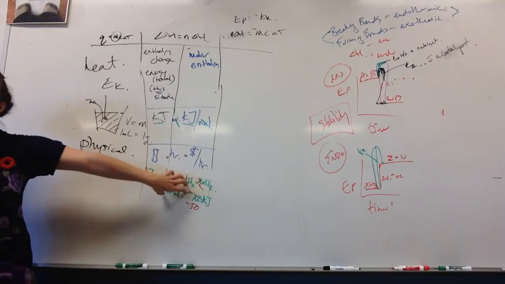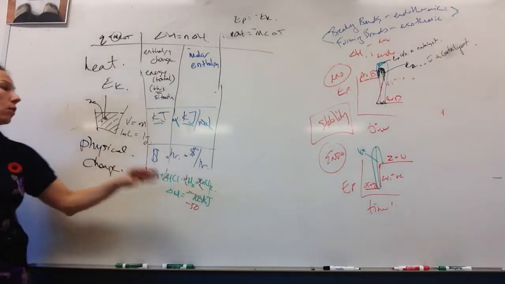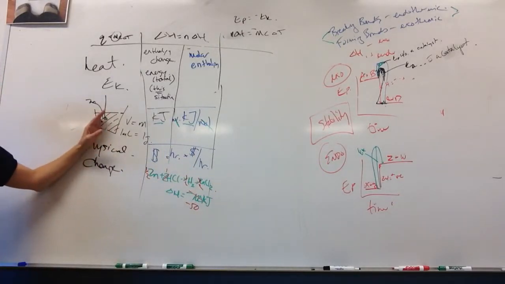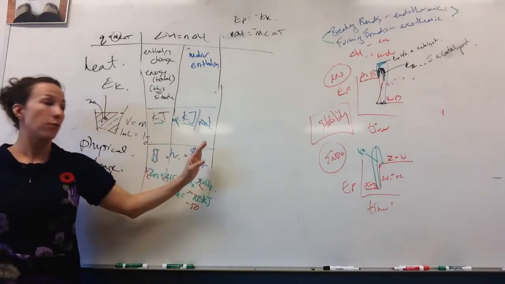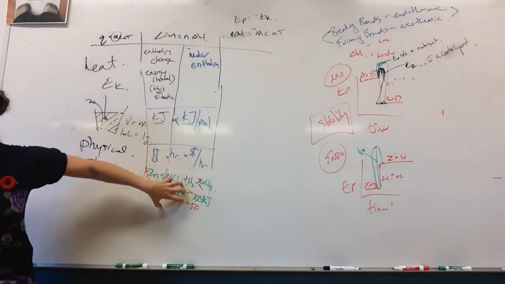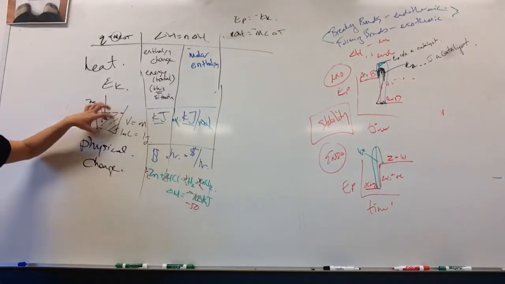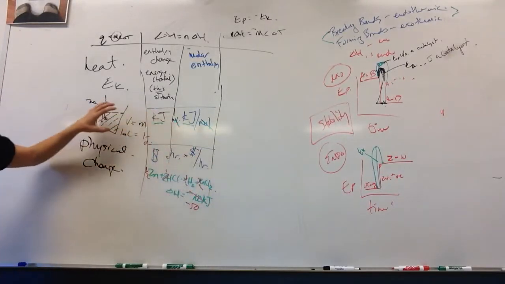So every bit of energy that this reaction released went into my solution. And my thermometer read that. So according to the law of thermodynamics, this energy equaled that energy. This energy lost equaled this energy gained.